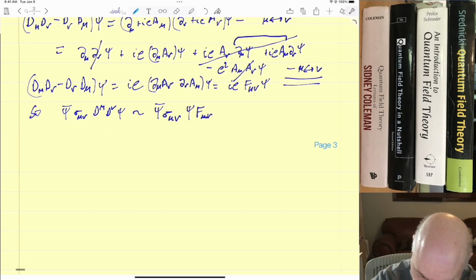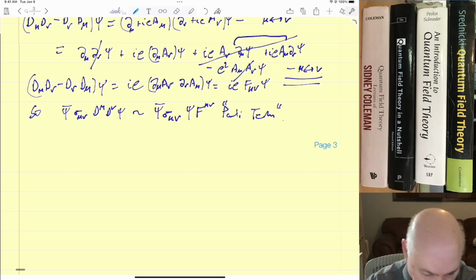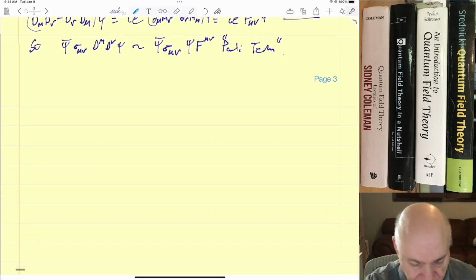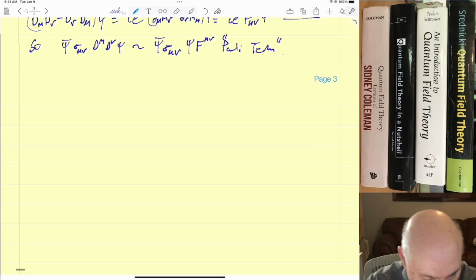I'm sorry, these should be upstairs. Which is the Pauli term. So it's nice that we can think of the Pauli term as just being the term that arises on covariant derivatives of terms that normally vanish. Not a big deal, but it's just nice to know.